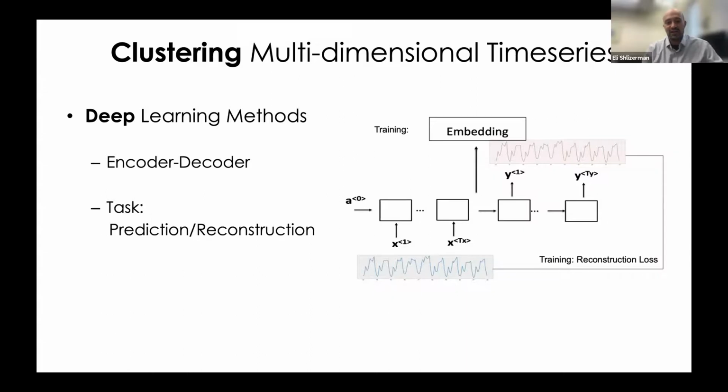So the task is whether to reconstruct the same signal through the network or to predict what will happen next to the signal. And these tasks turn out to be very informative in terms of building latent representation. And this latent representation can be used then with low dimensional methods in terms of processing and building the classification space or clustering space.